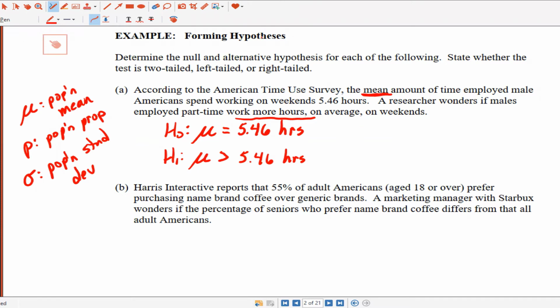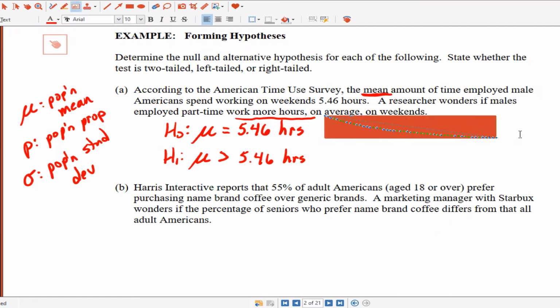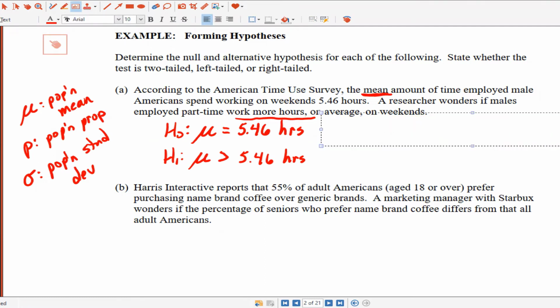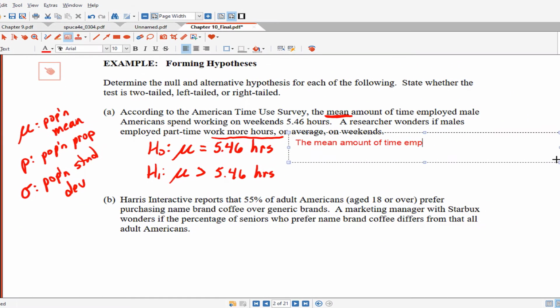Now you can write these in words as well if you want. So the null hypothesis is the mean amount of time employed part-time workers work on the weekend is 5.46 hours.